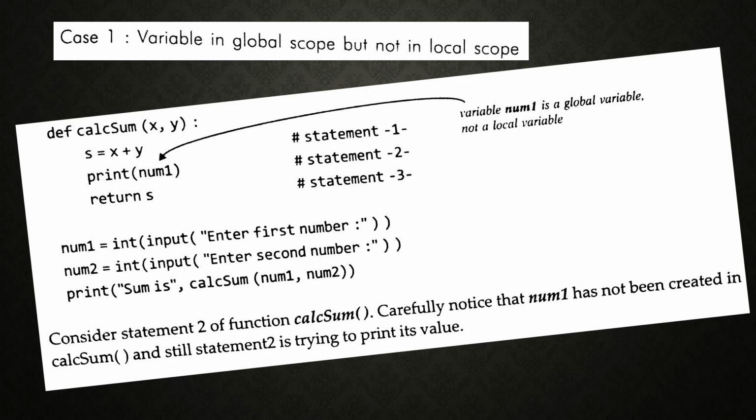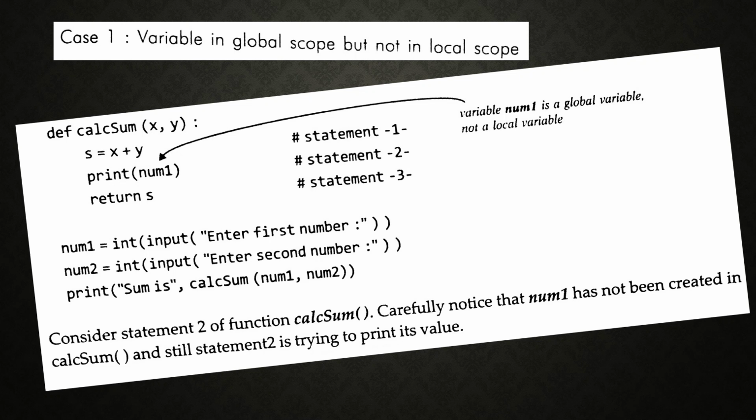See what happens. num1 equal to 2, num2 equal to 4. So sum is calculate_sum(2, 4): x copies the value of num1, y copies the value of num2, 2 plus 4, s equal to 6. Print num1, so it will print 2.